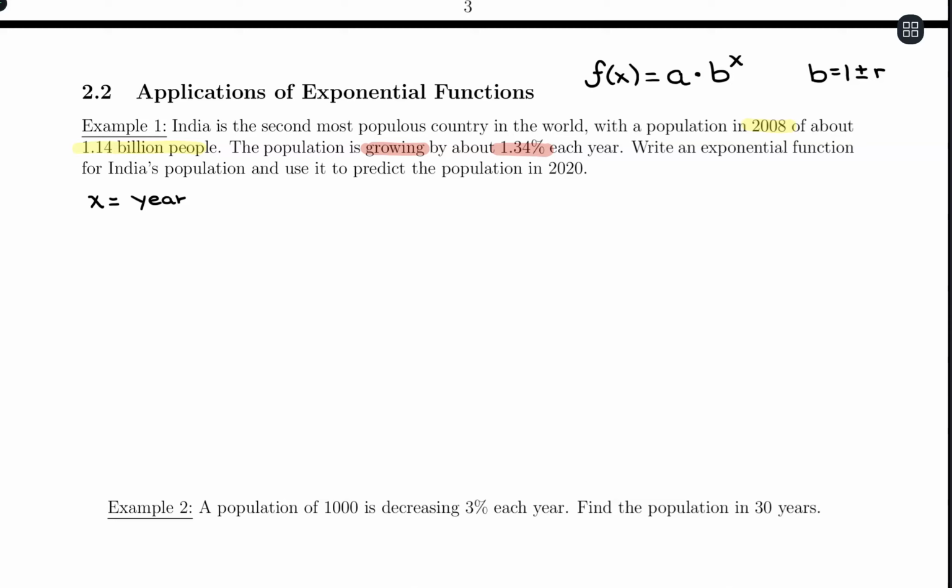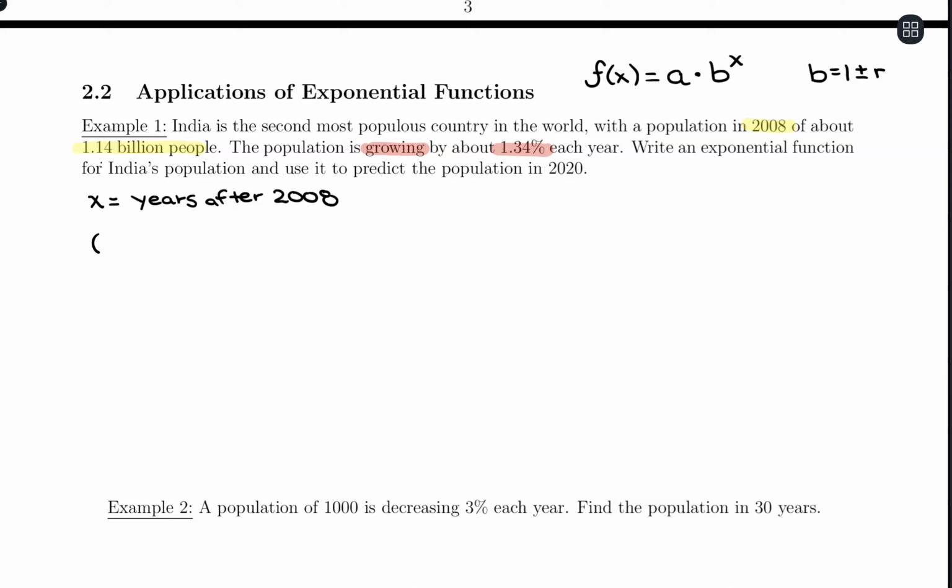So I'm going to call x years after 2008. Then when I use x equals 0, that'll be the equivalent of the year 2008. So I know that when we're in 2008, there's 1.14 billion people.